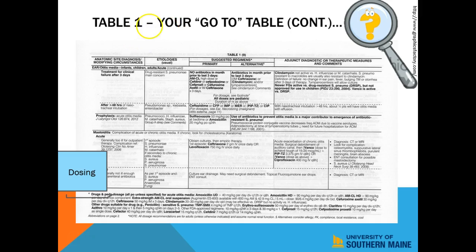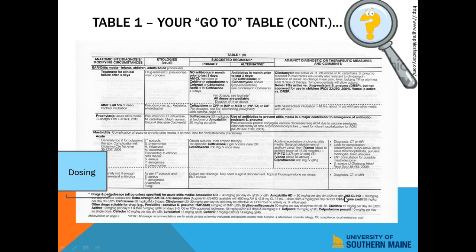So in this case, if we are going to do amoxicillin high dose, we are going to prescribe the drug as 90 milligrams per kilogram per day, divided every 12 hours or every 8 hours. Lots of words just abbreviated very cryptically.